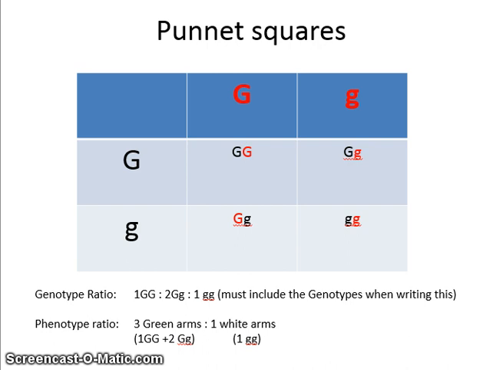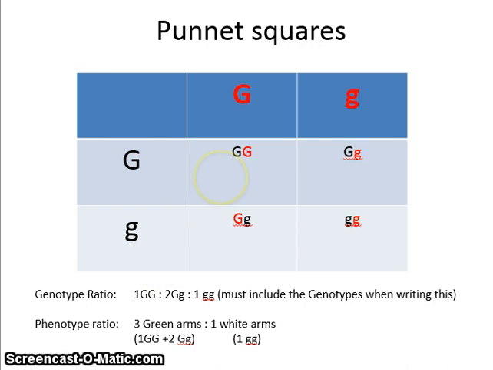So if we look here at a Punnett square, which can break down the possibilities of the alleles that an offspring can receive, what I've got here as an example is a cross between 2 heterozygous individuals. We have a heterozygous parent here who has one copy of the big G allele, one copy of the little g allele, and a second parent here who is also heterozygous and has one copy of the big G, one copy of the little g.